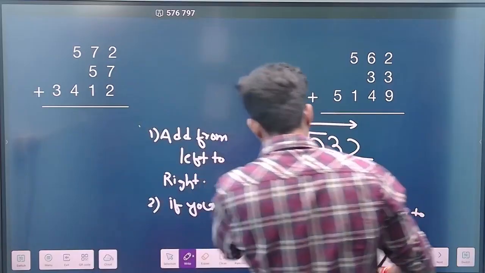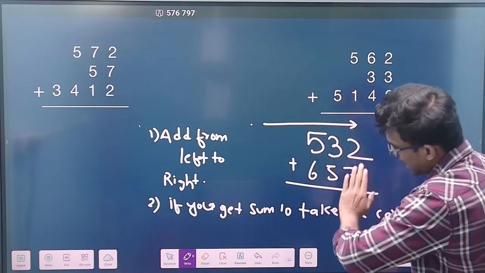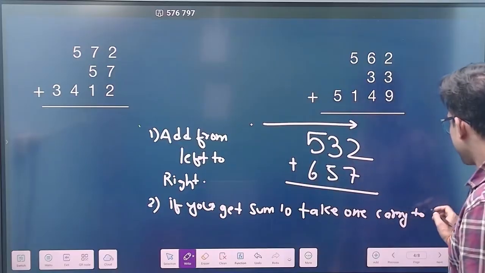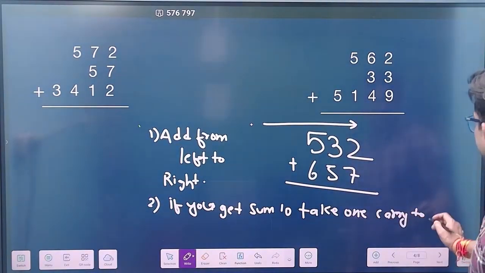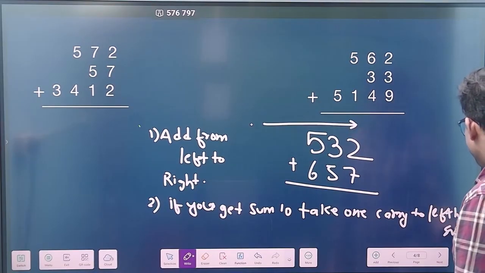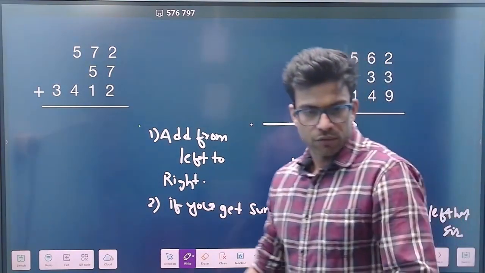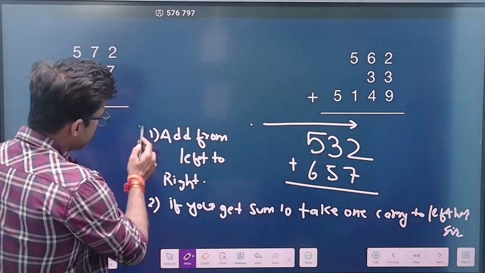Means if you are getting 10 here, add one towards this side as a carry. If you get a sum 10, take one carry to the left hand side. These are the only two rules which you need to follow.